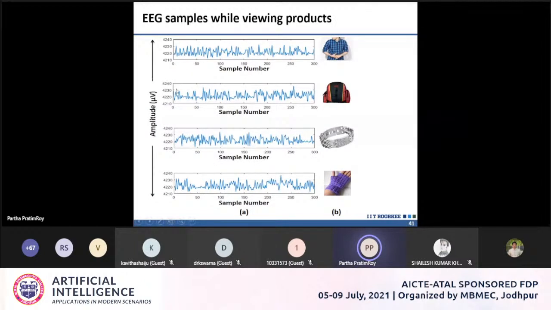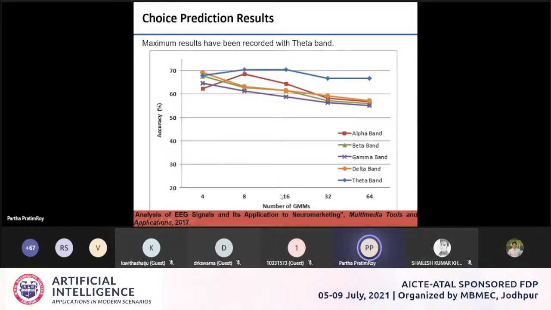For example, one person is shown different products, and from the EEG signals we can understand his interest. We did some experiments with hidden Markov models, HMM, analyzing the theta band, and got good results, around 70% accuracy. You can see this paper, Analysis of EEG signals and its applications to neuromarketing.